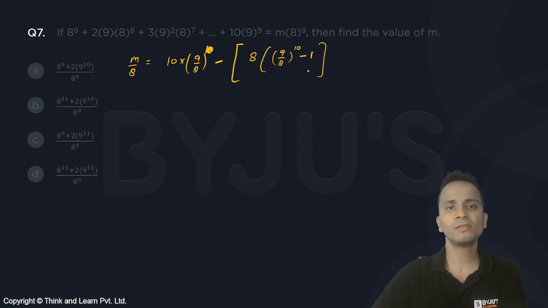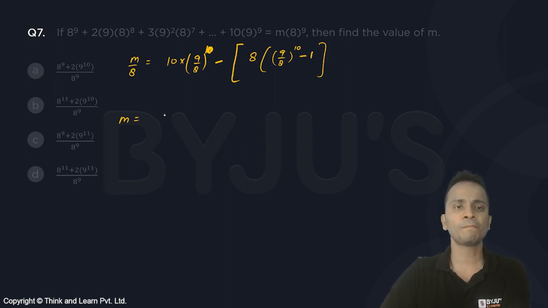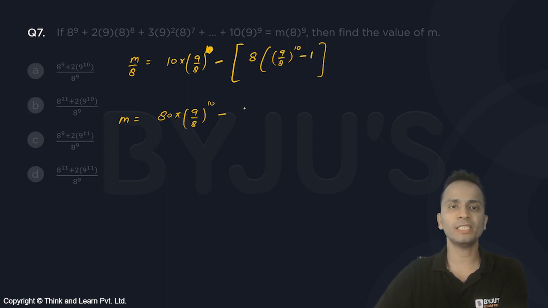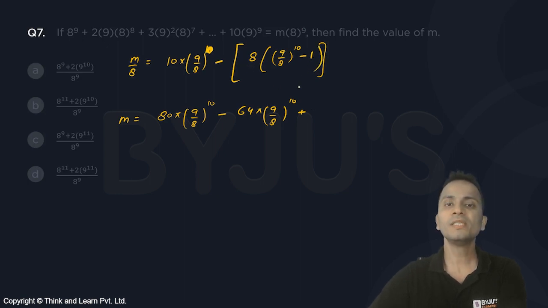Alright, so the value of m will become, 8 will be multiplied on the right-hand side, so it will be 80 multiplied by (9 by 8) whole raised to the power 10 minus 8 into 8 is 64 into (9 by 8 raised to the power 10 minus 1), so plus 64.